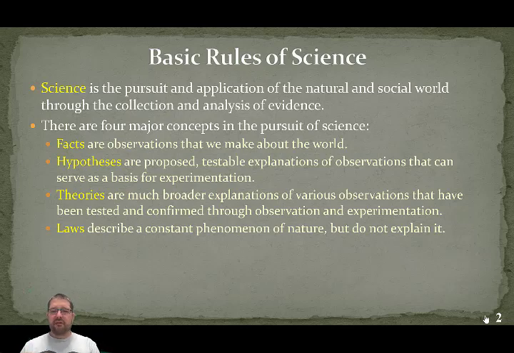Okay? And the laws that we have in biology are often really just dedicated to mathematical principles, like Mendelian genetics. There are a couple laws in genetics, but it's based purely on probability. Okay? And so those are laws that come from mathematics. They don't change, they're constant.